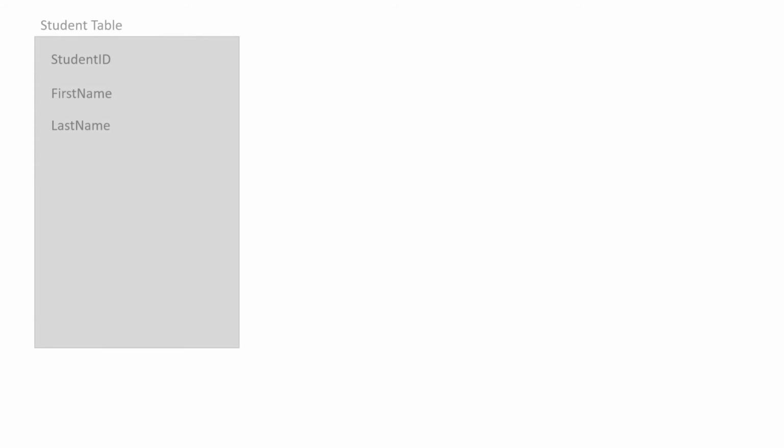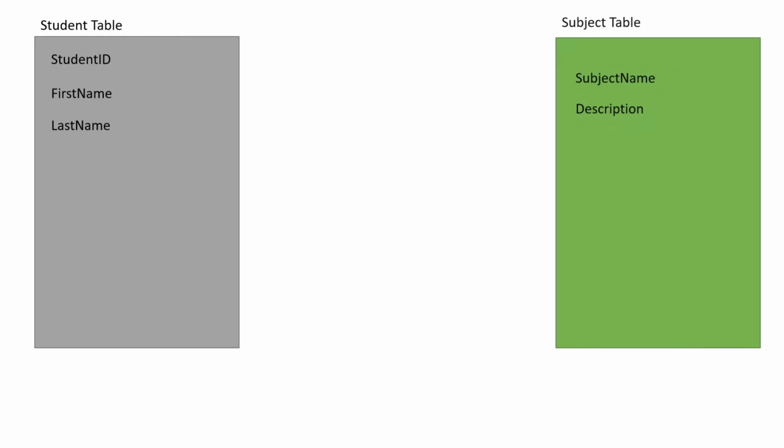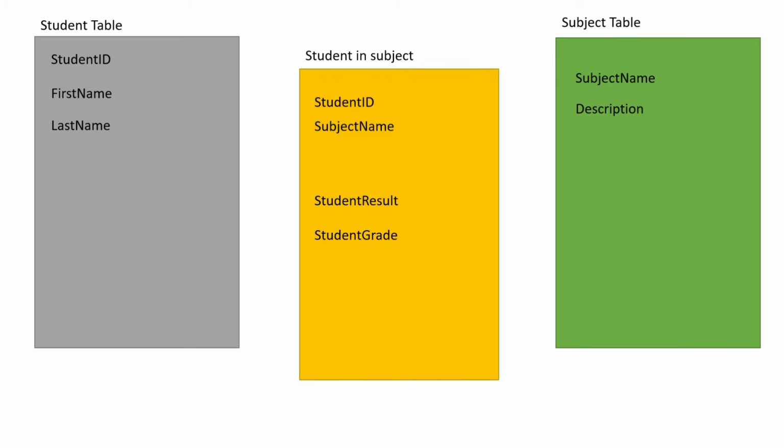We have our student table, in which we have a student ID, first name and last name. As you remember from our previous videos, student ID is the primary key for our student table. On the other hand, we have our subject table, and the subject name is the primary key for the subject table, along with the description. These two tables will be connected with a third table called student in subject.